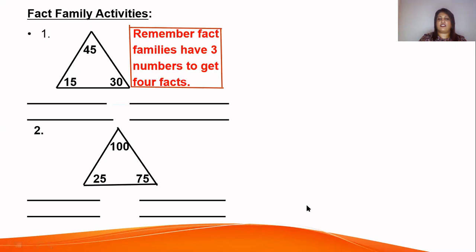Now I've got an activity here for you to try. So let's see how you're going to do this. I'll give you about 5 minutes or so, and then we will go through the answers together.